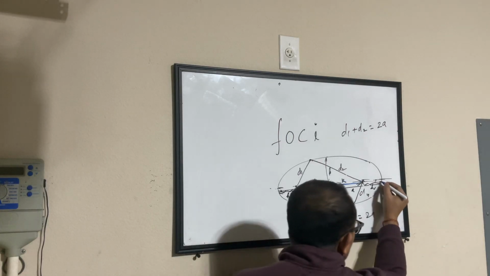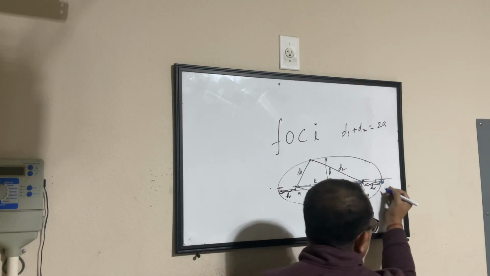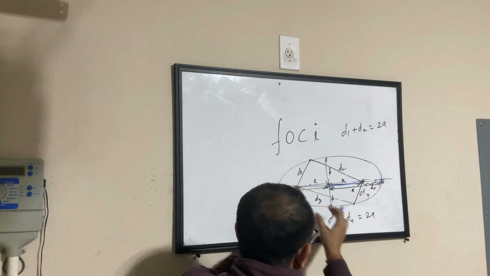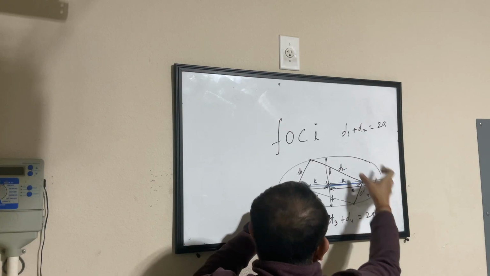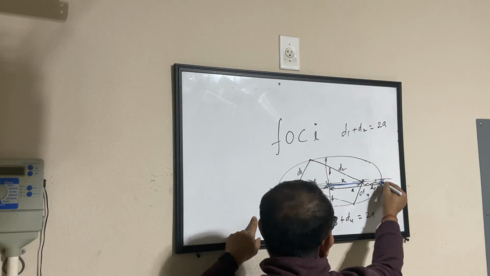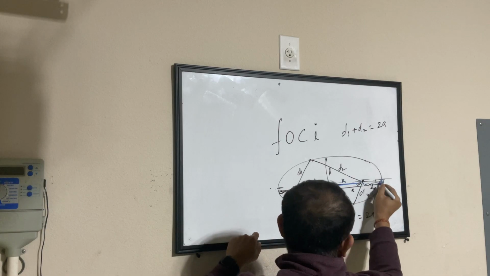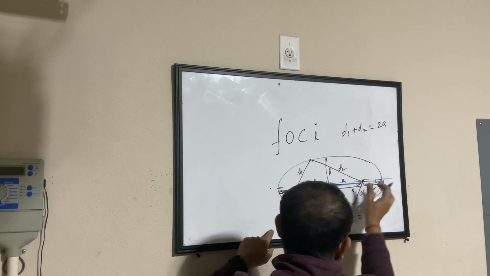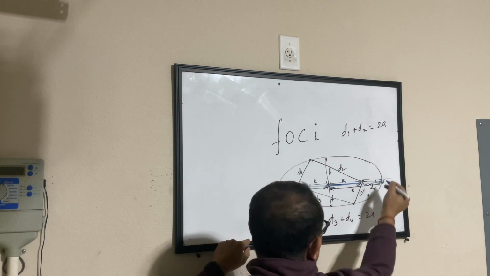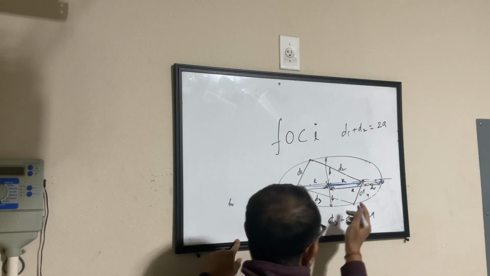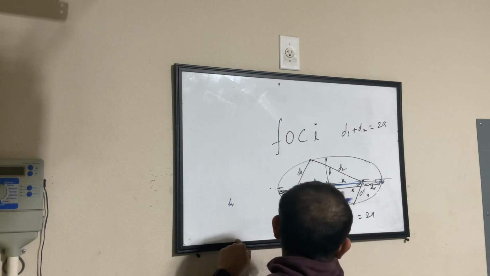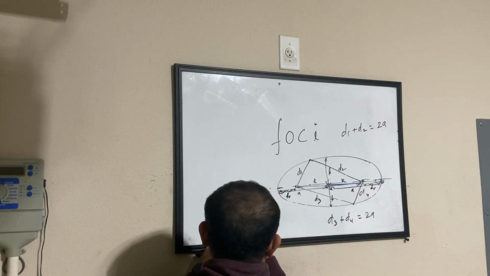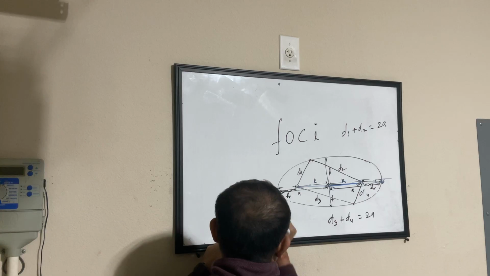Now, if I pick one point, this is also a valid point. As per this rule, any point on the boundary of this will have the sum of this distance plus this distance equal to 2a. Let's see if that is the case. This is h. So the first foci to this point is h, and the second foci to this point is k plus h.